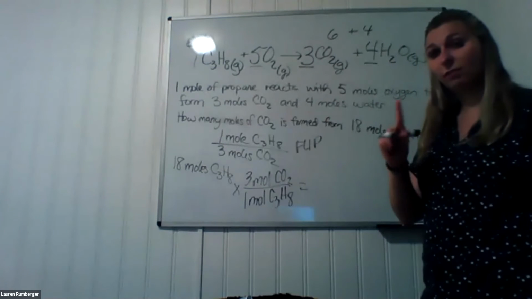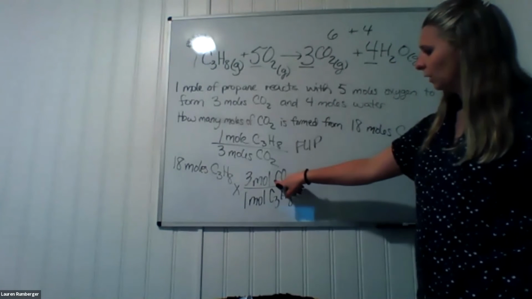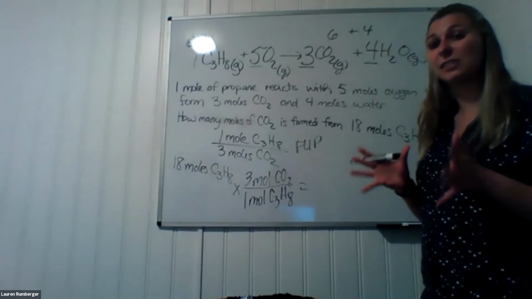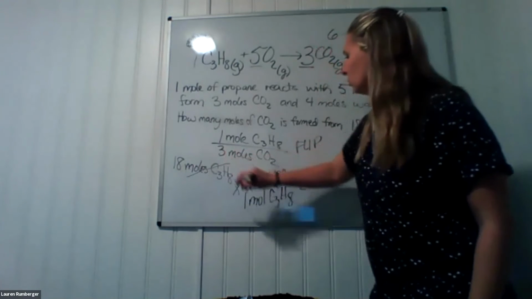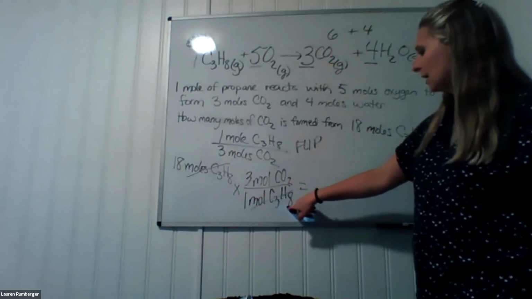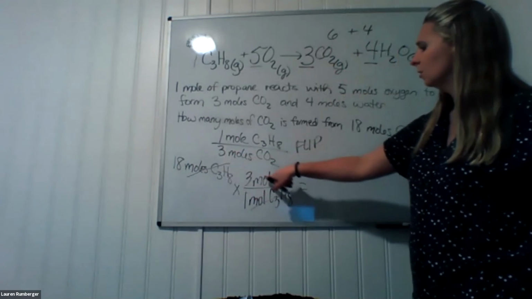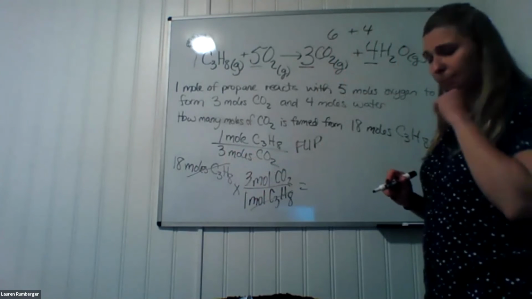Okay, so when you're solving for moles of carbon dioxide, we need to have that on top as our desired unit. So now we're changing moles of C3H8 to moles of carbon dioxide.